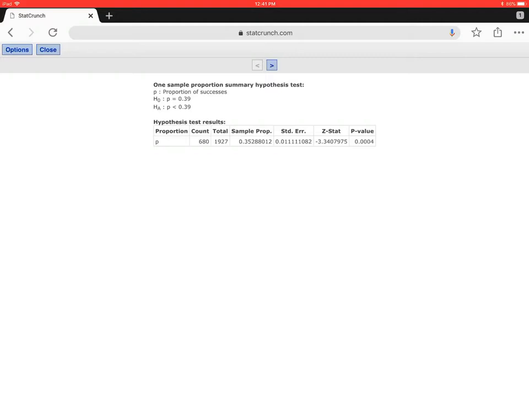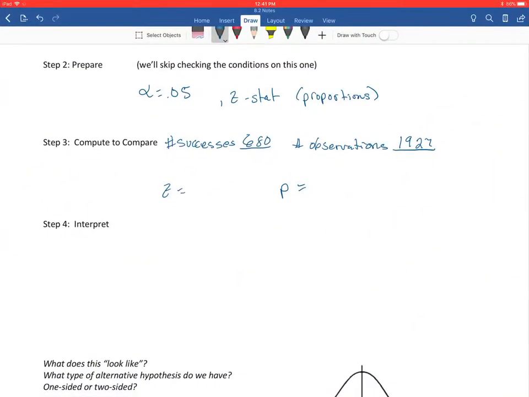And I'm going to go ahead and make that p-value plot again. Compute, note your Z and your P, and record those on your paper. I'm going to flip back over so that I can record those. So the Z was approximately negative 3.34 and the P was 0.0004.